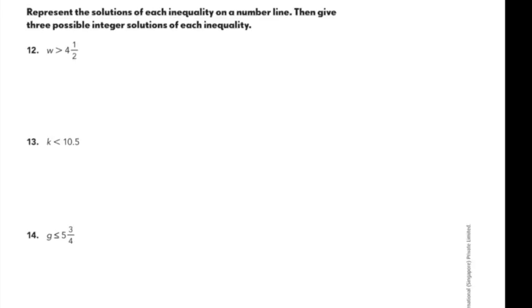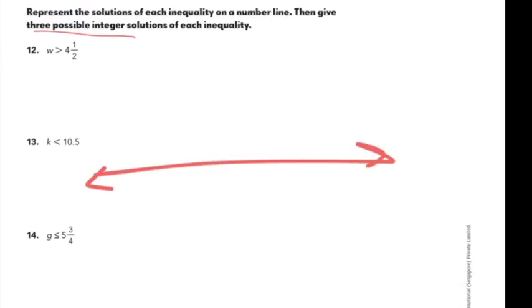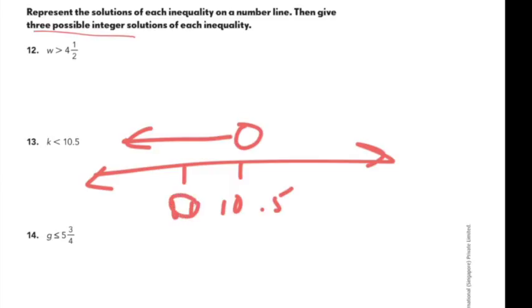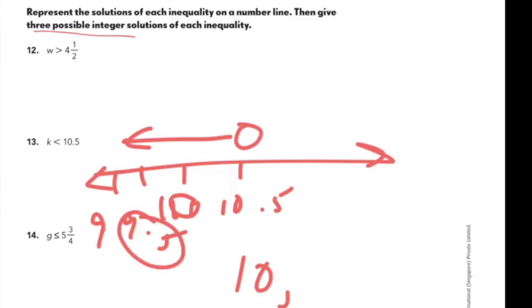Okay. So for the solution set, it says there must be 3 possible integers. When we graphed this, we started with 10.5, and then we went to 10, then 9.5, then 9. So the numbers that could be part of the solution set, 1 is definitely 10, but we can't have 9.5 because that's not an integer.